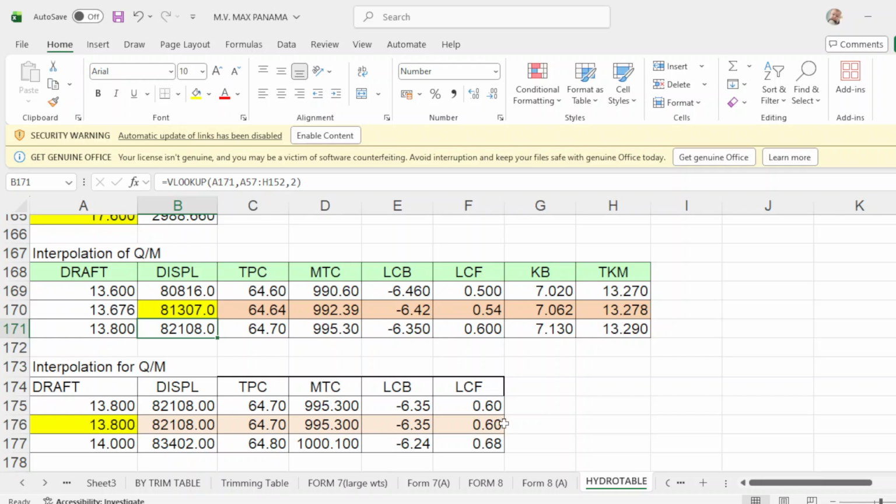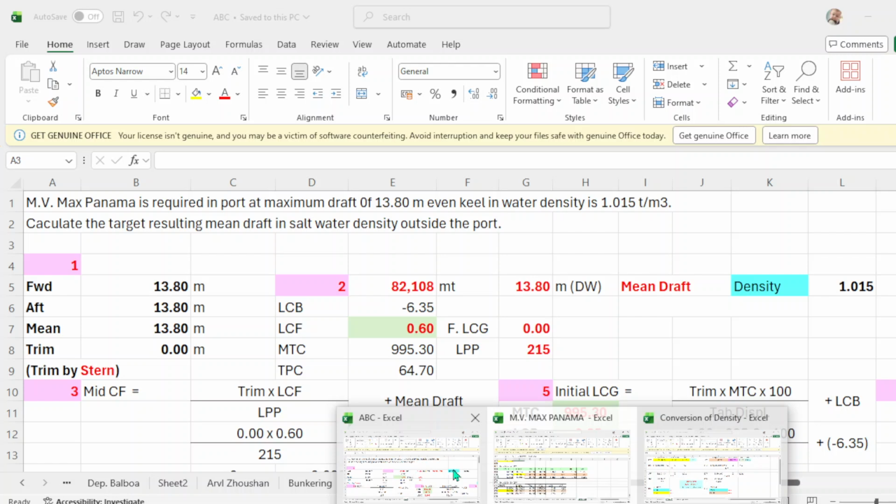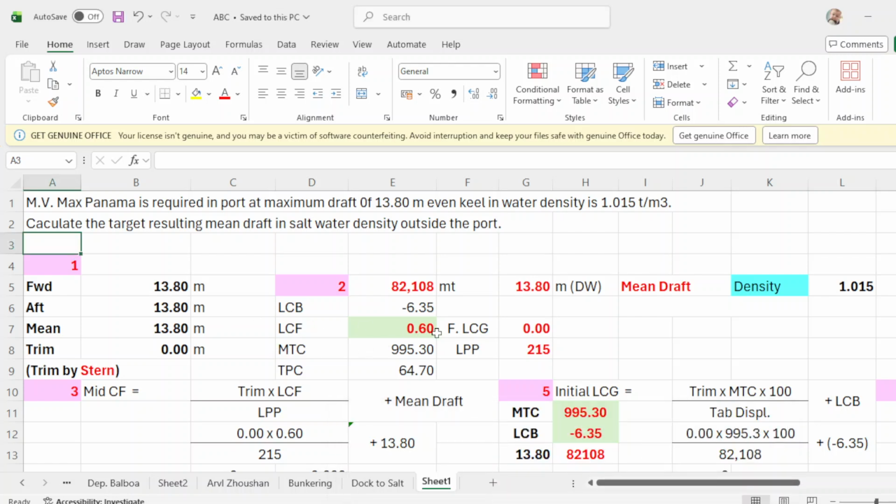I think the LCF is 060. It is asking only for the LCF of 060. And the LPP of the vessel is 215.